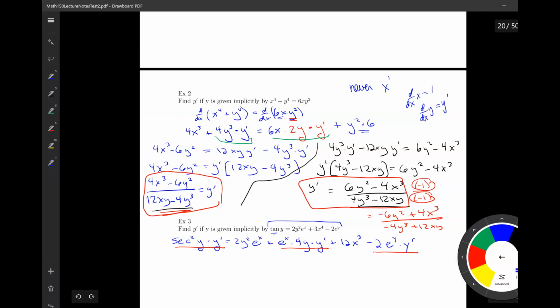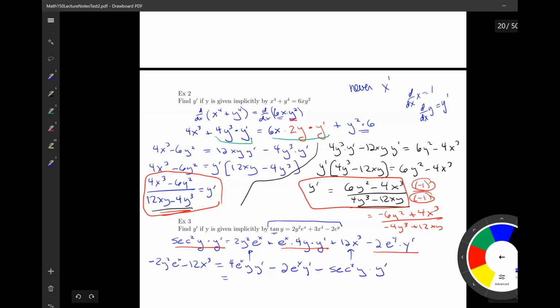So let's move these 2 terms to the other side of the equal sign, right? So negative 2y squared e to the x minus 12x cubed equals 4 e to the x y prime minus 2 e to the y prime, and I'm going to subtract this.